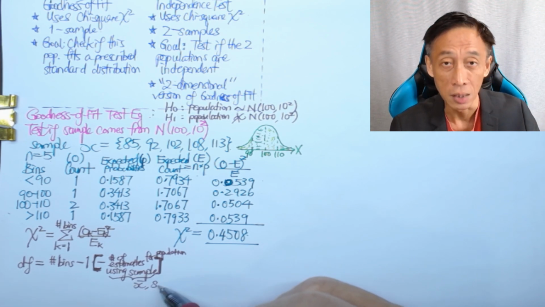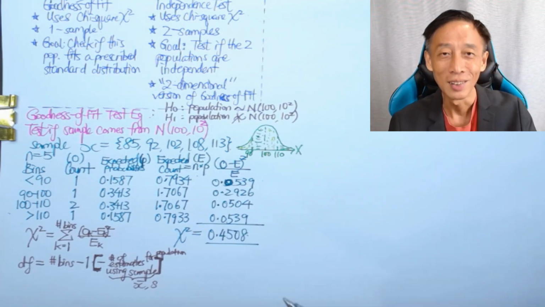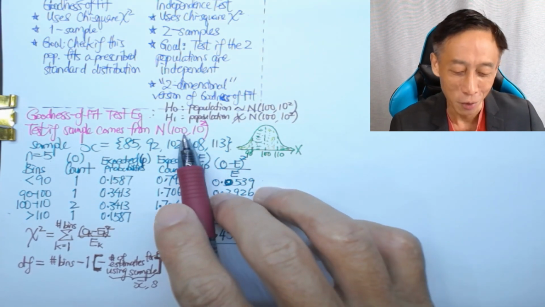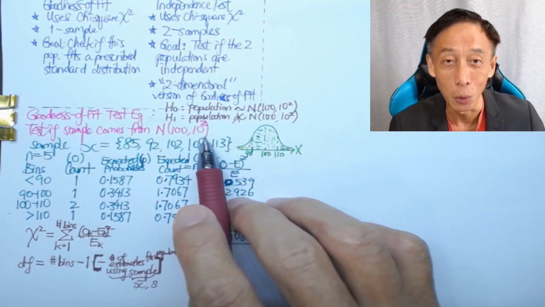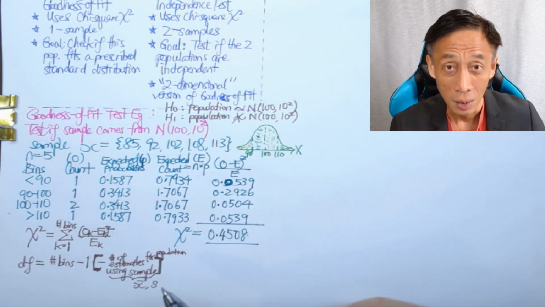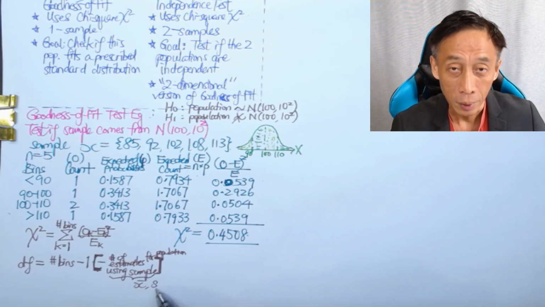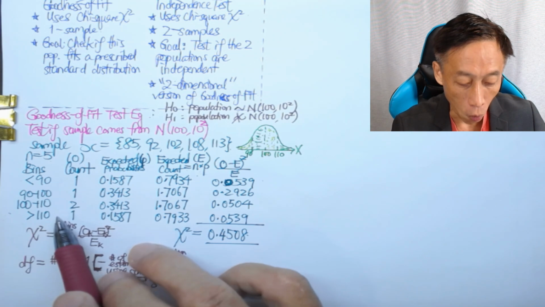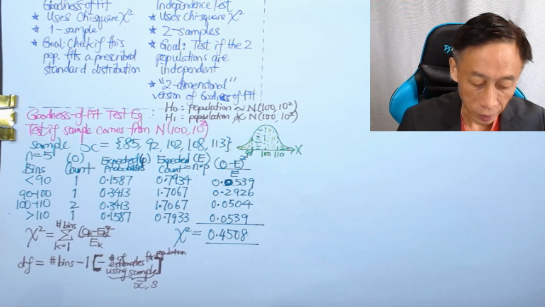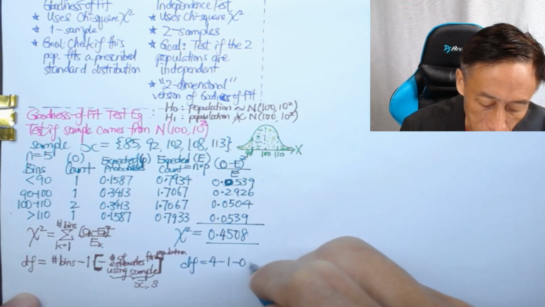And the sample standard deviation point estimates sigma. So if we use these two, then we get what we want, because no one can accuse us of saying, how convenient, they look so perfect. How do you know that these are the right numbers? Then we can say that, hey, we have justification. However, when you do that, you lose 2 more degrees of freedom. All right, so it'll be 4, because there are 4 bins, 4 minus 1. In our case, it is 3, right? So df equals to 4 minus 1 minus 0, so 3.